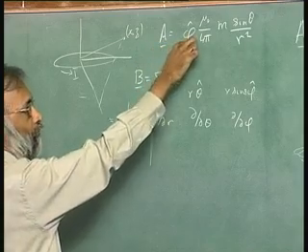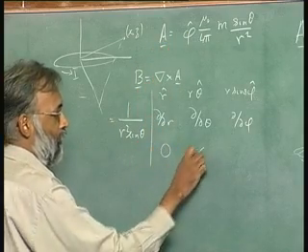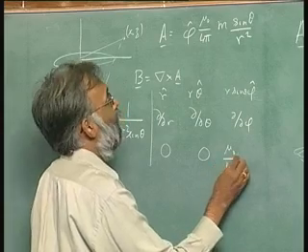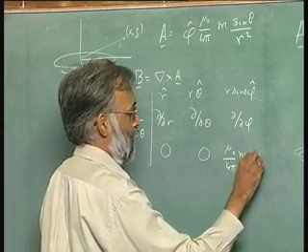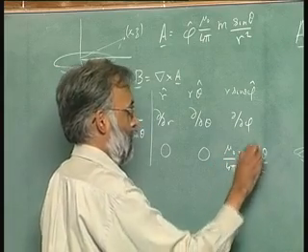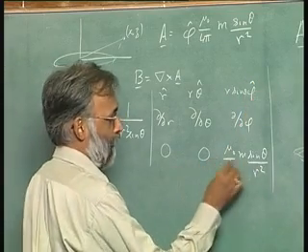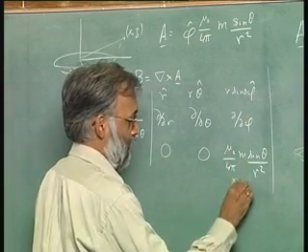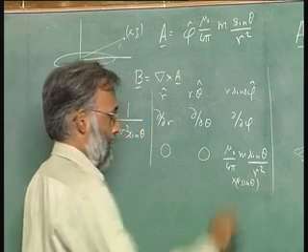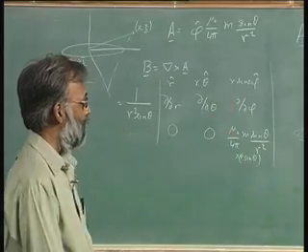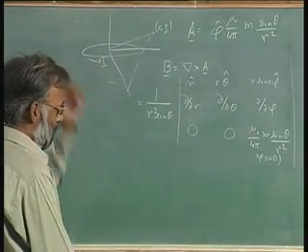A is only along phi, so 0, 0, mu naught over 4 pi m sin theta over r square, multiplied by r sin theta. That is my same r sin theta that comes into h phi.